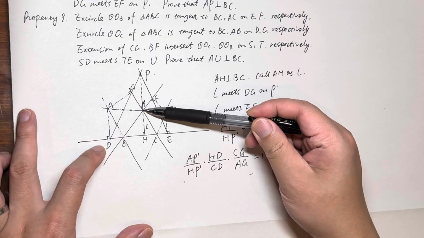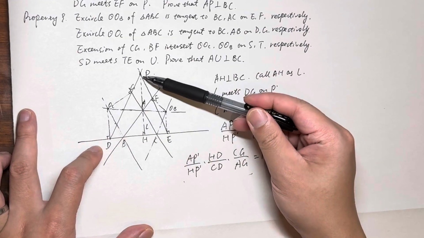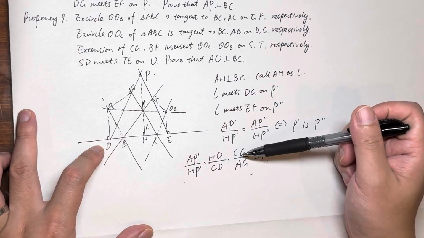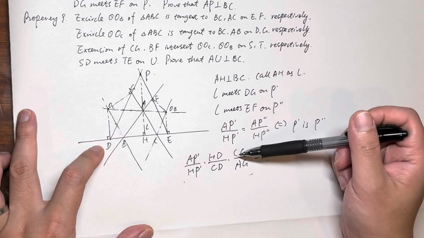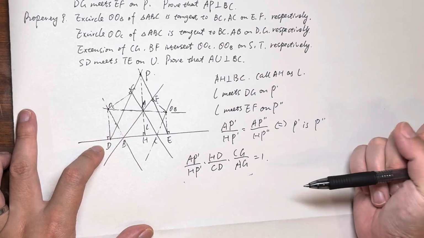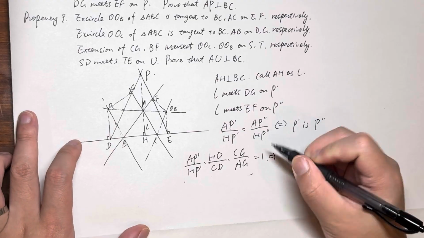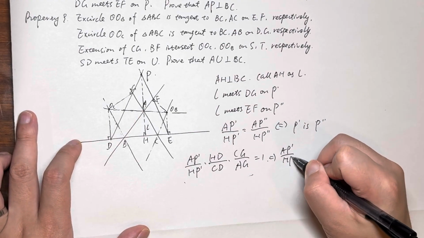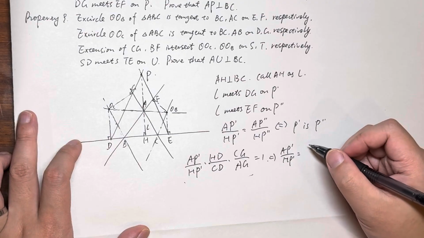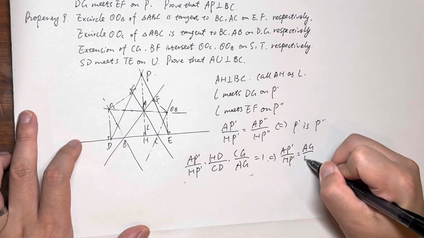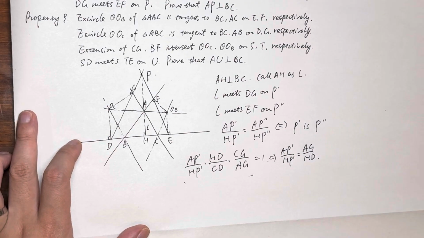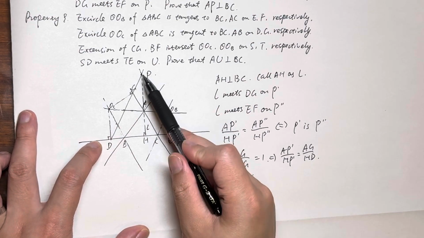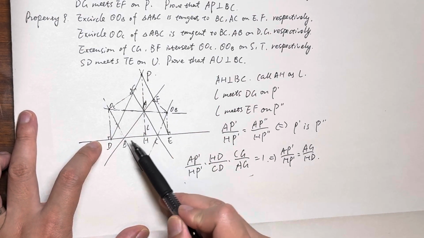If we choose triangle AHC and the line DGP as the transversal, then CG and CD cancel, right? That can help us get some result. Based on this, we get that AP prime to HP prime equals AG to HD.